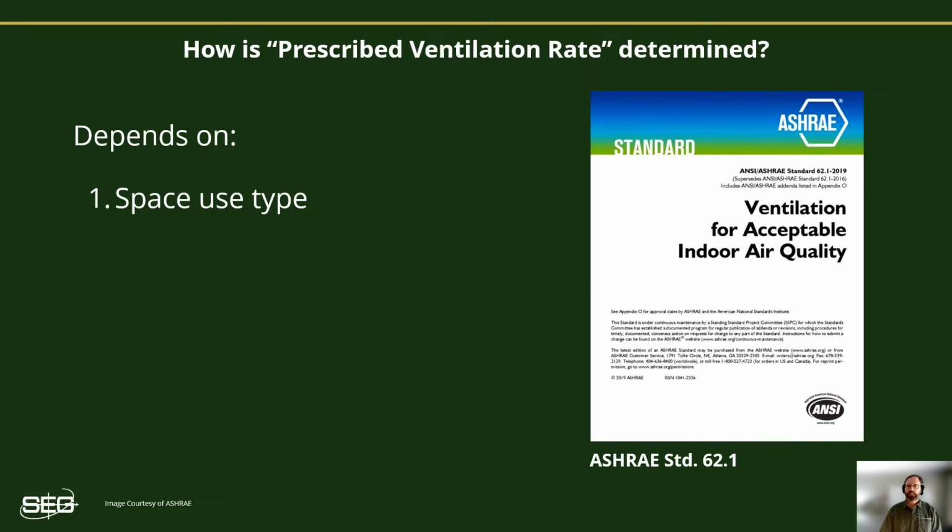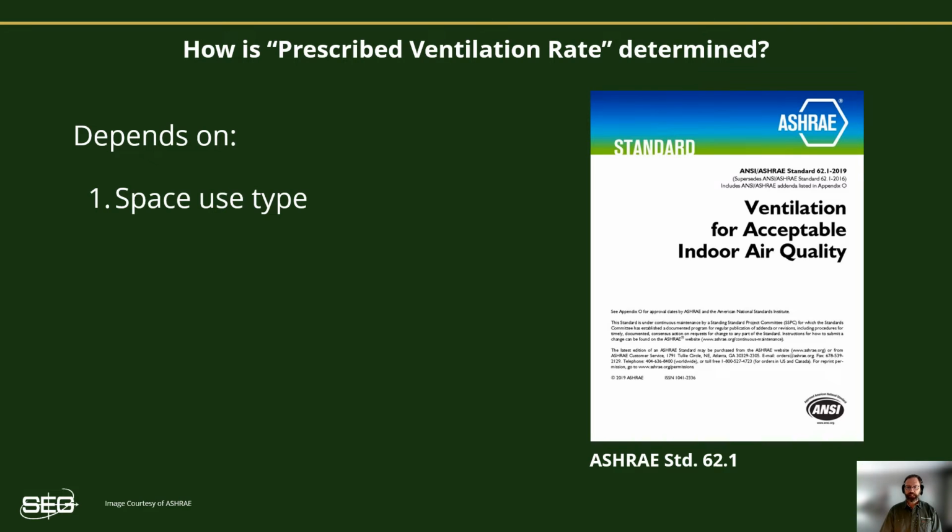The first is the building's space use. We need to define this because there are lookup tables that provide multipliers for the building use type. For example, gymnasiums will typically require a higher rate of ventilation versus a standard office building. So each type of space usage will have a unique multiplier.